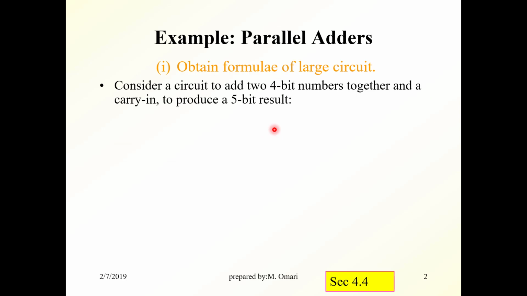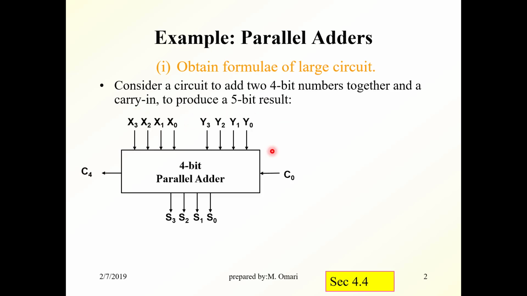Build a parallel adder. What is a parallel adder? It's a circuit that adds two 4-bit numbers together and a carry in to produce a 5-bit result. The circuit will look like this. This is the first 4-bit number. This is the second 4-bit number.